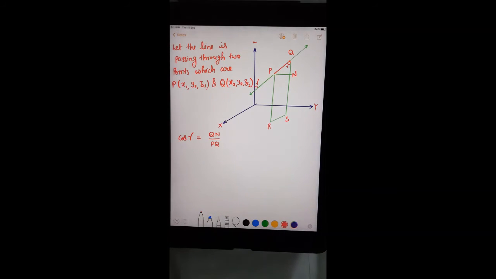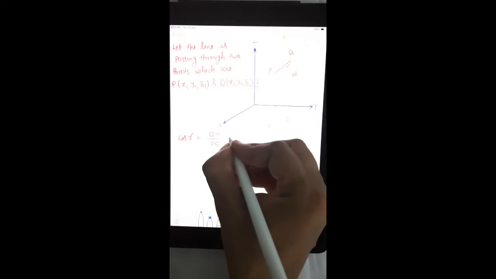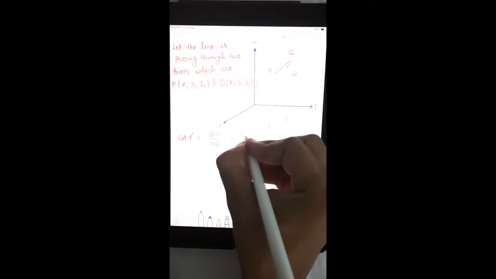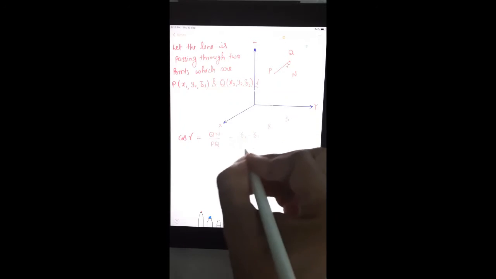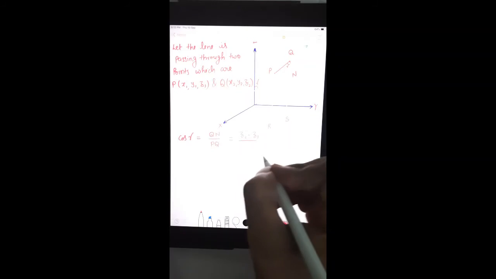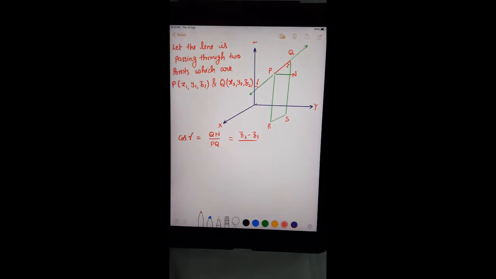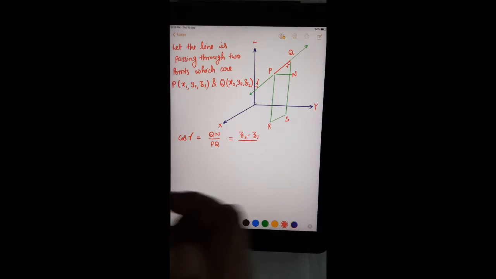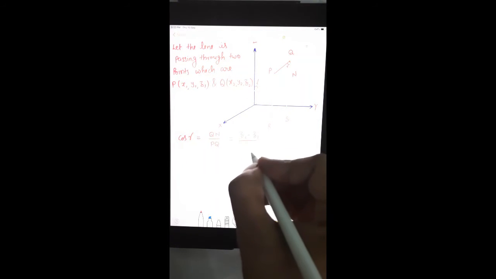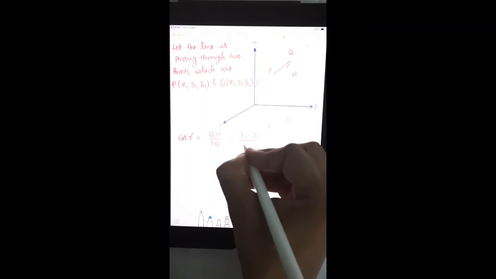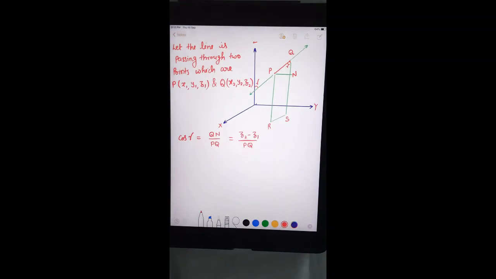Clear? And what is QN? Here on the z axis for point Q, this value is z2. So z2 minus z1 divided by PQ, where PQ is the magnitude of the line segment PQ.